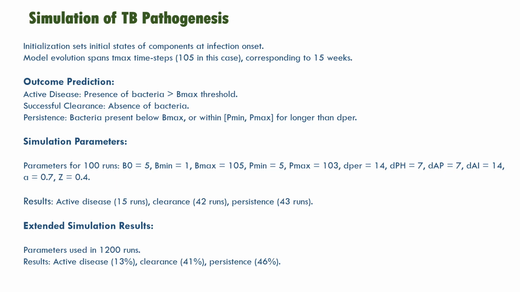Then, if there is no bacteria inside the system, it is successful clearance. The last one is important because this is most common in humans, which is persistence. Bacteria is present below Bmax only, or within Tmin or Tmax for a longer time.